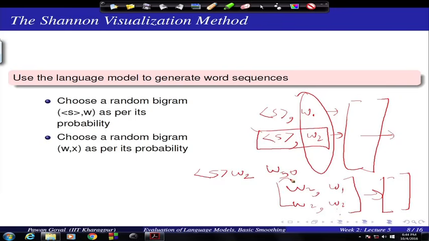Again I will try to sample a word from the distribution of W50 and the next word. Now the question is, when do I stop, when do I say that my sentence is complete? I will say my sentence is complete once I sample a word with the end of the sentence. At some point I sample Wi and the next word is end of the sentence, I say my sentence is closed. So this is the whole idea of Shannon visualization method.